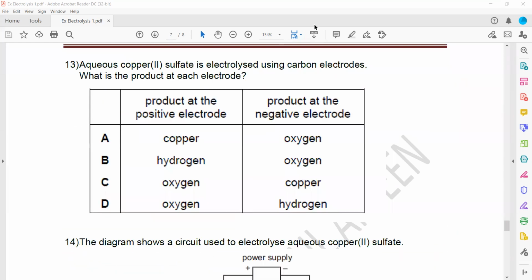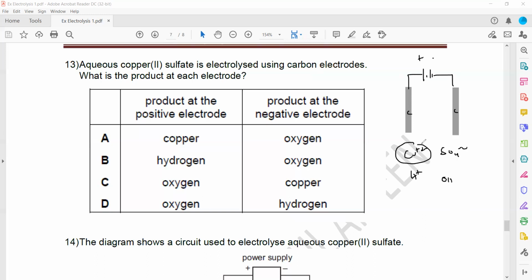Aqueous copper(II) sulfate using carbon electrodes. What is the product? So if you use carbon electrodes for copper sulfate, copper ions are there, sulfate ion, hydrogen ion, and hydroxide ion.